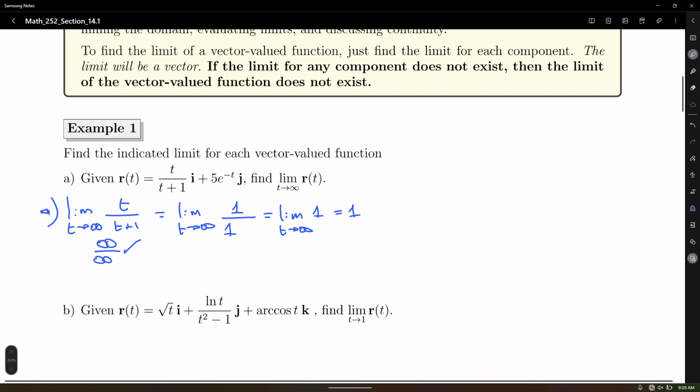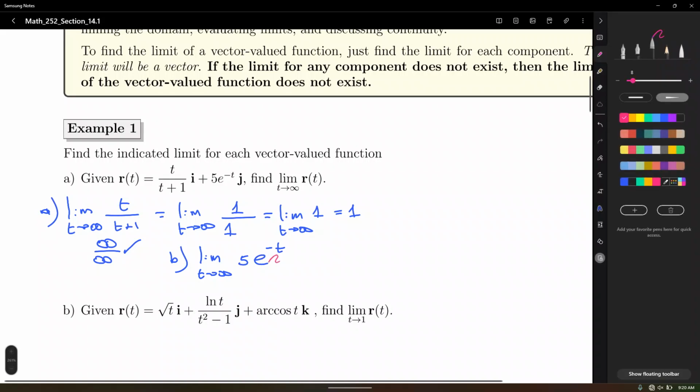Okay, so that's part A. Let's do part B. That's the limit as t approaches infinity of 5e to the negative t. Okay. So by direct substitution, so to speak, we substitute infinity right here. Where is e to the negative t going to go? Negative infinity.